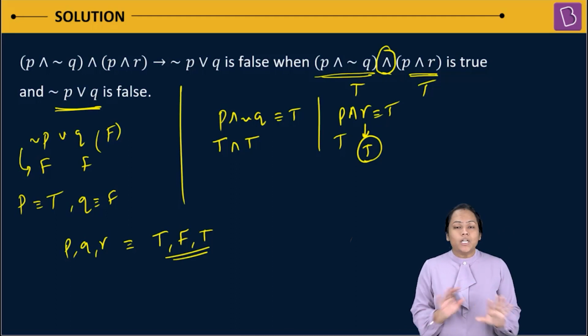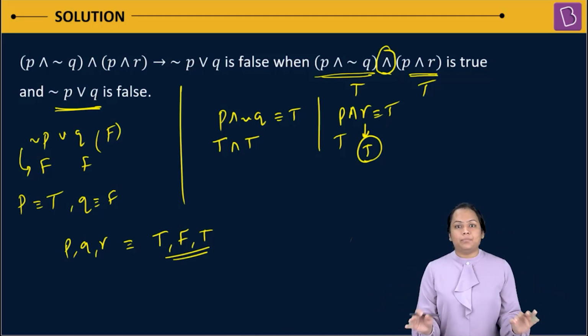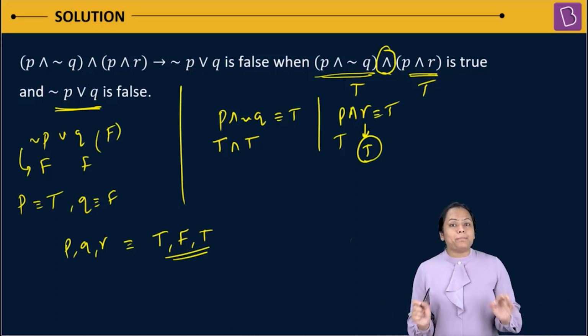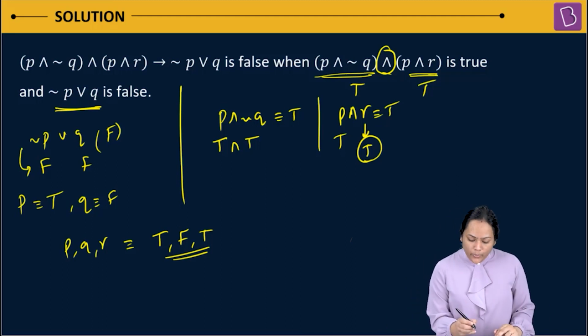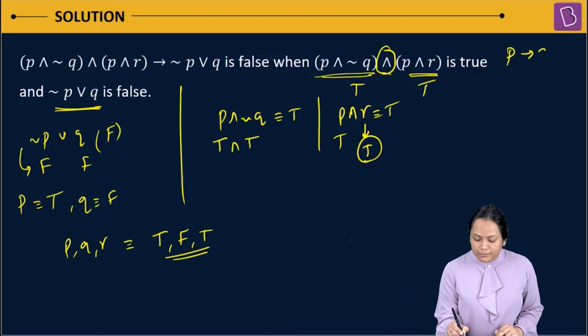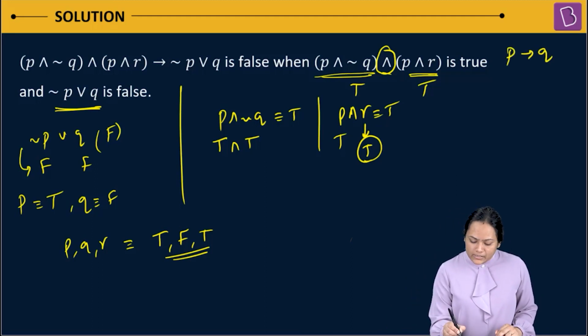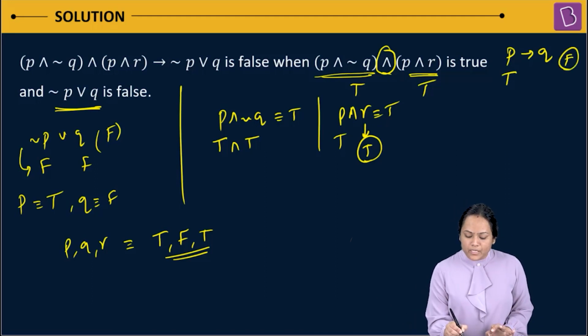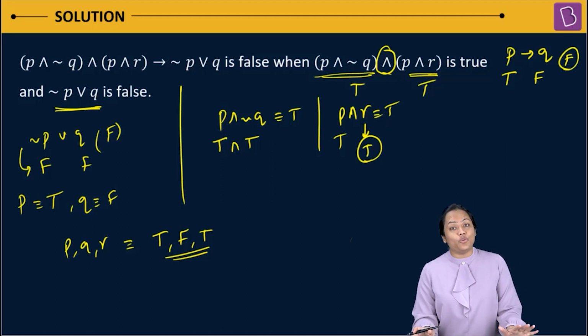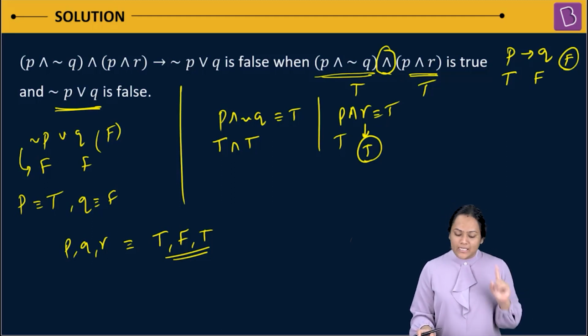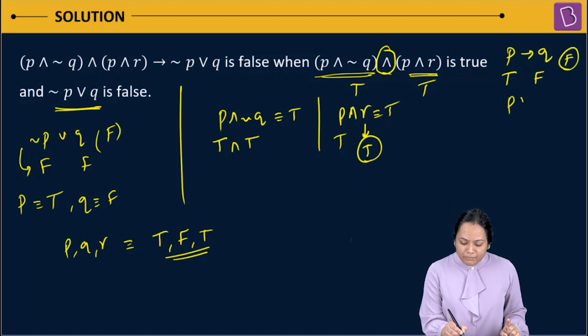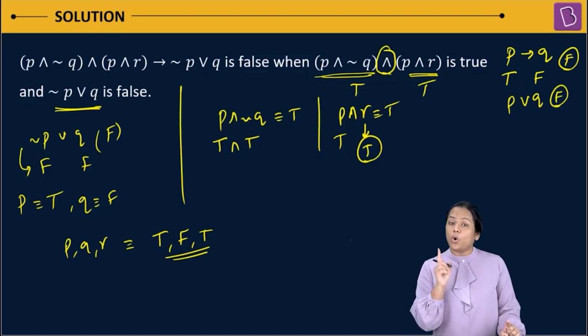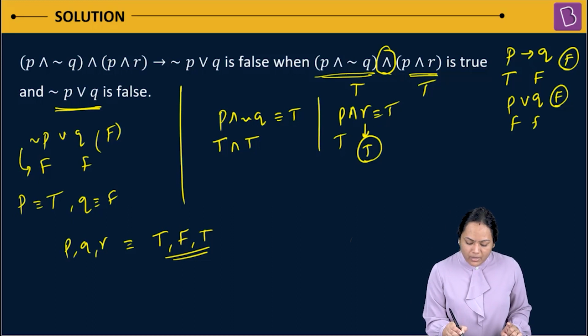Have you understood? No need to draw the truth table, nothing. What you have to remember here is that whenever we have P implies Q and it is false, it only happens when P is true and Q is false. That is the first thing. The second thing is that when I have P or Q as false, it only happens when both of them are false.